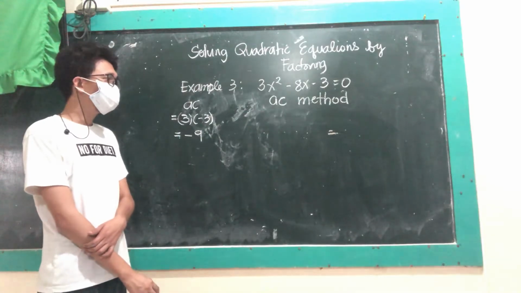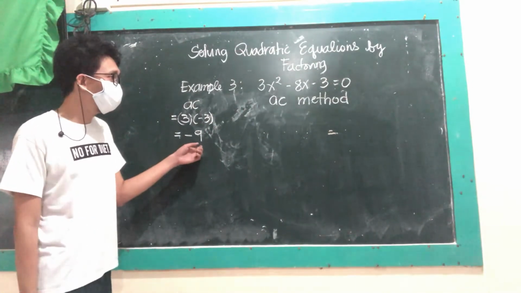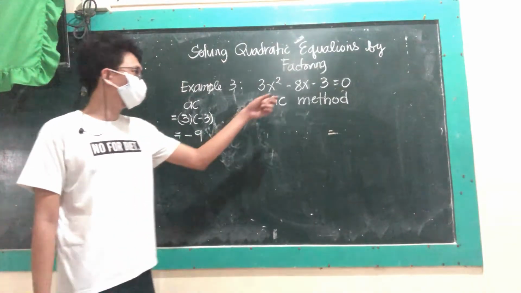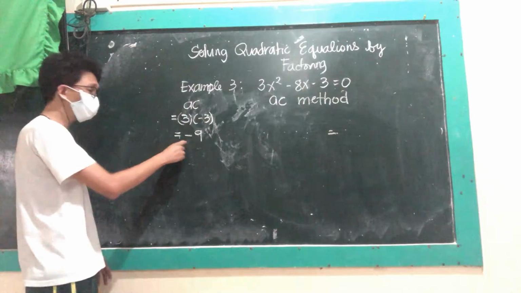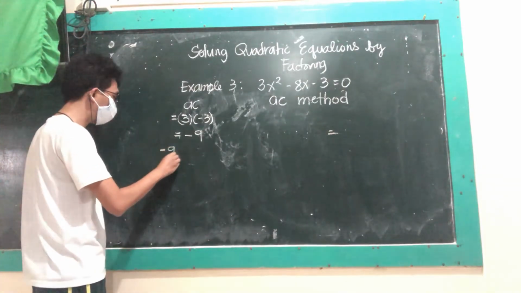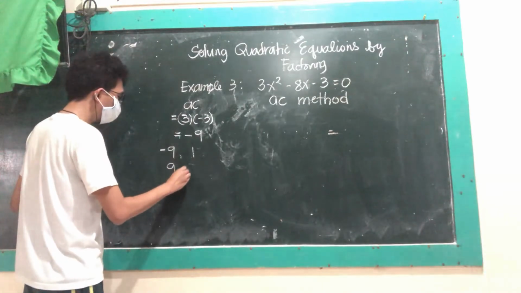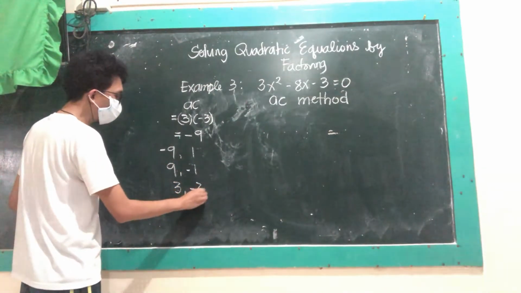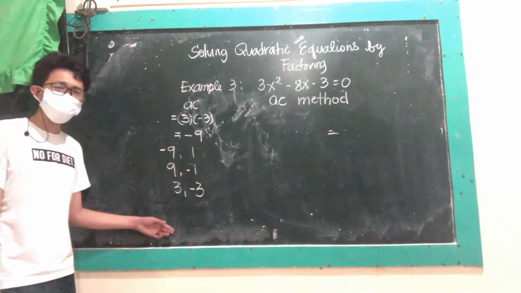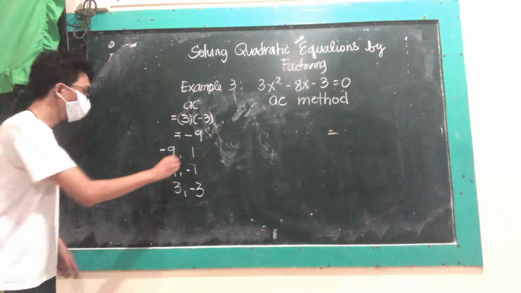So we will find the factors of negative 9 that will sum up to negative 8, which is the value of B. So the factors of negative 9 are negative 9 and 1, 9 and negative 1, and 3 and negative 3. Those are the factors of negative 9. So we will add these.